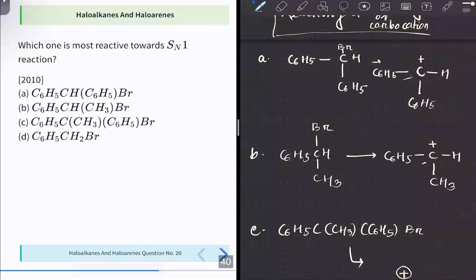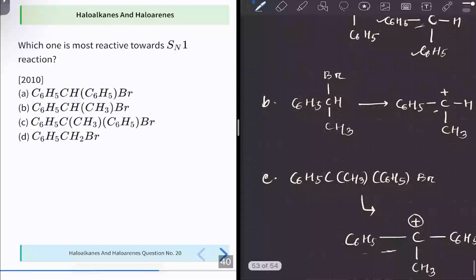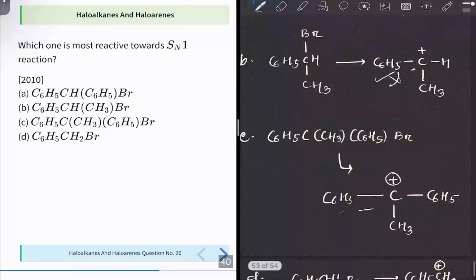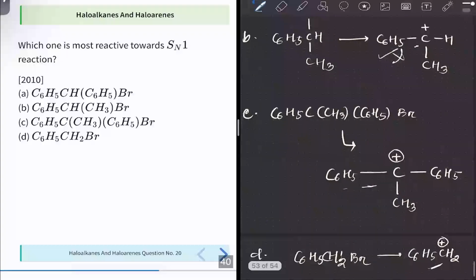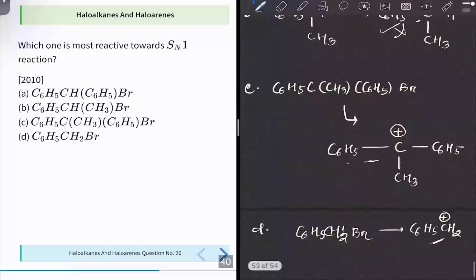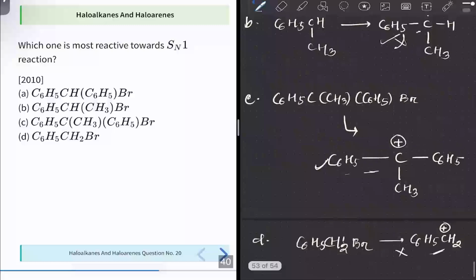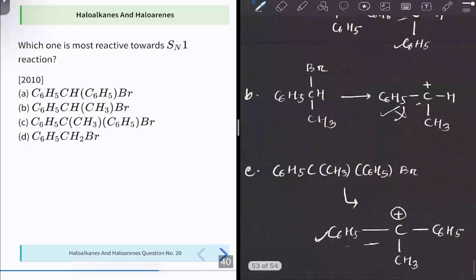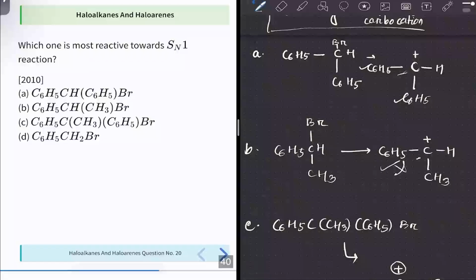The more benzene rings present, the more stable will be the carbocation. Here two benzenes are present. Here one benzene, so it is ruled out. Here also two benzenes present, and here one benzene, so it is also ruled out. We'll compare between options A and C now, because both have two C6H5.